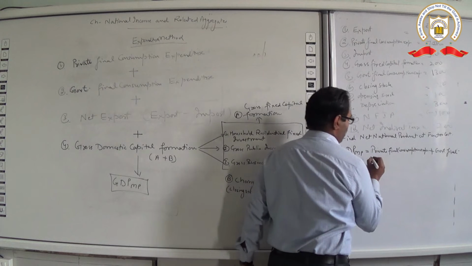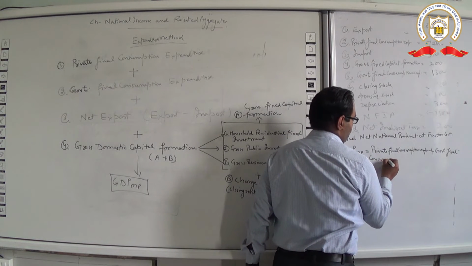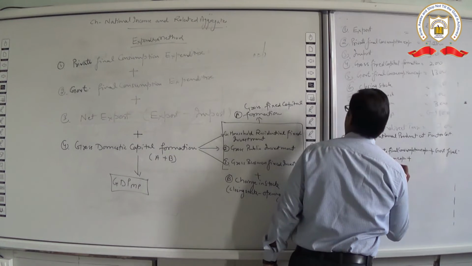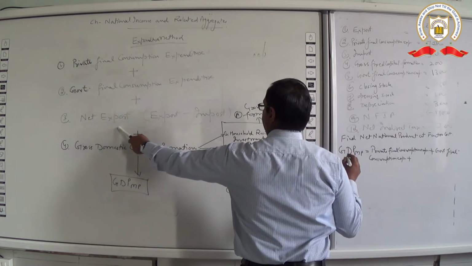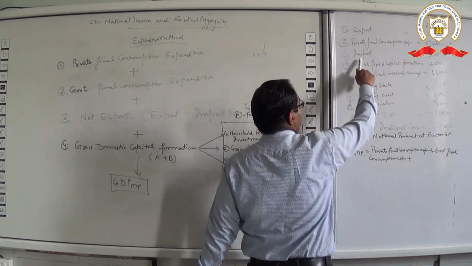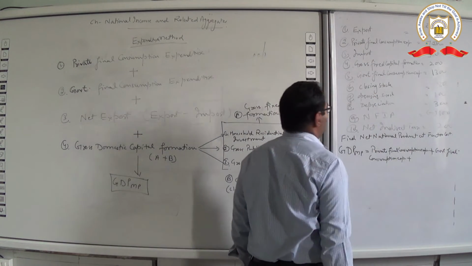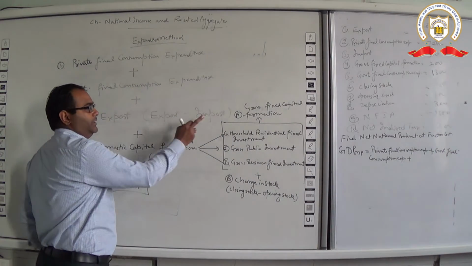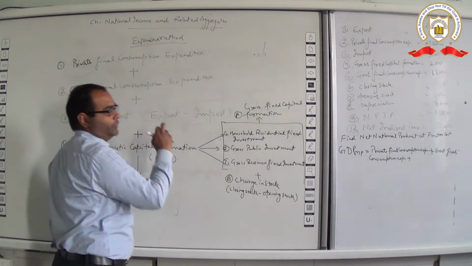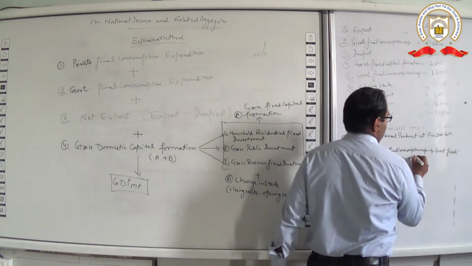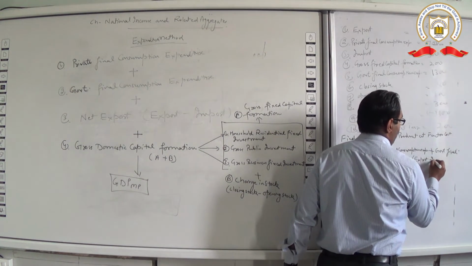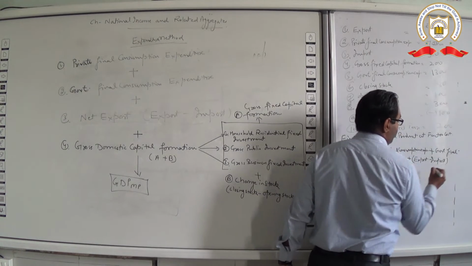Then net export. Net export is not given in the question, but we can calculate it by subtracting the value of import from export. So in bracket we will write export minus import.